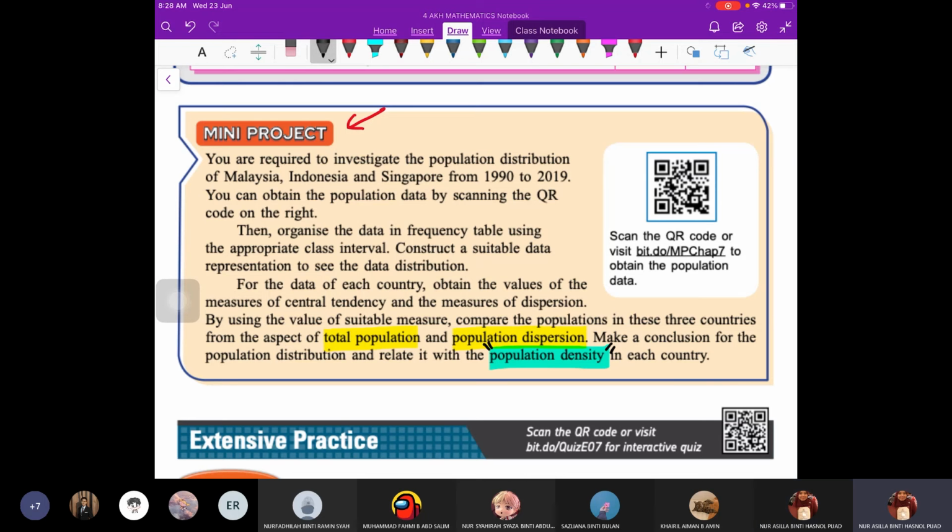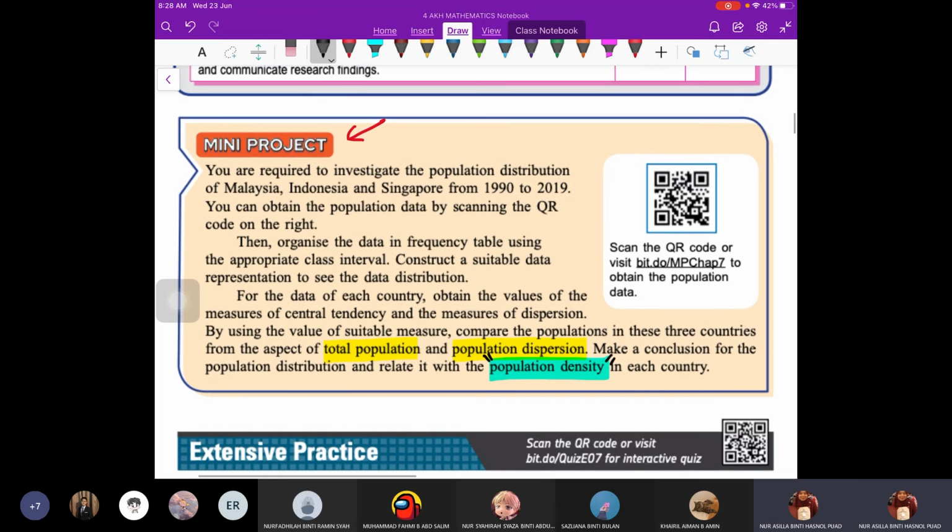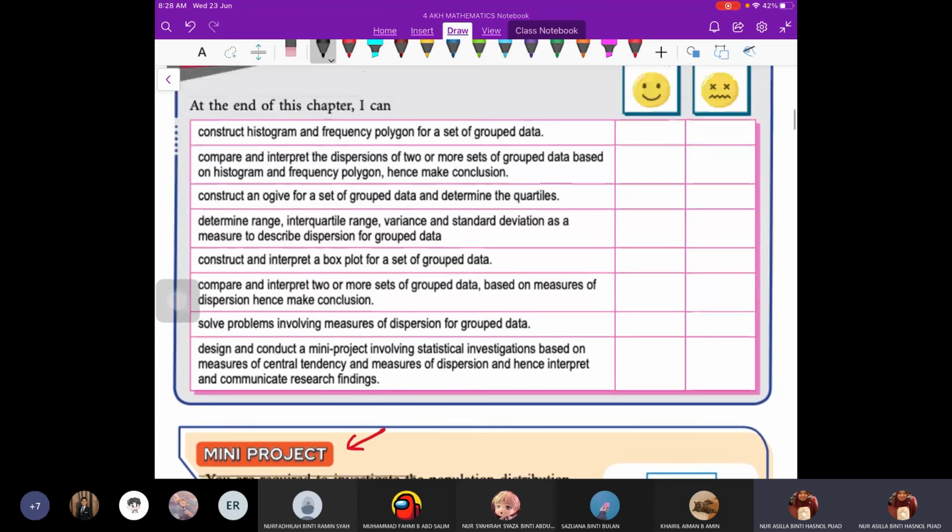Okay. So that is one mini project for you to do. Dan data itu nak dapat senang je. Kalau susah nanti saya uploadkan data itu di dalam Telegram. Okay, but it is an Excel. Okay, so that is the end patutnya.